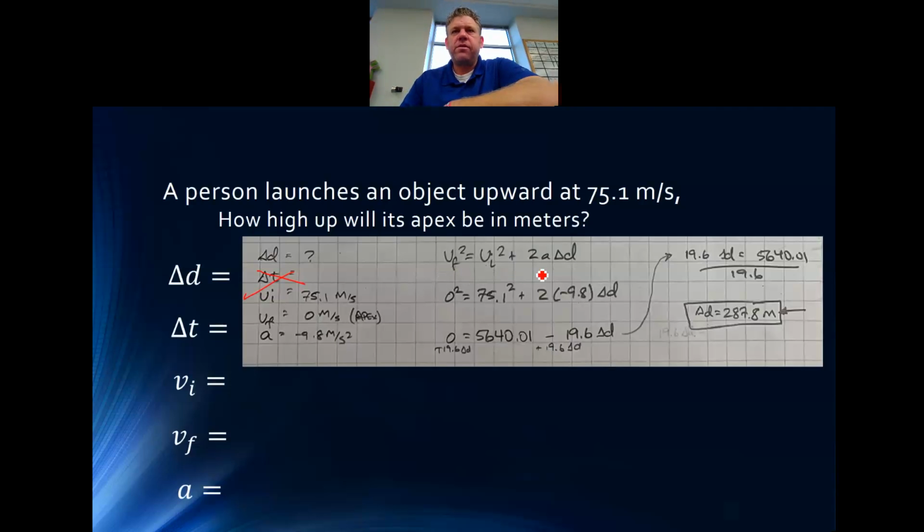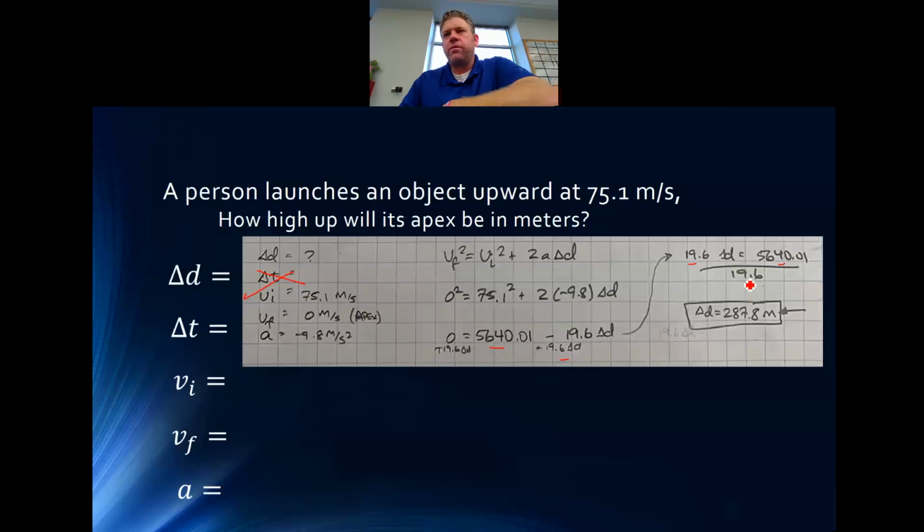So if I put this stuff in, I get 0 squared, 75.1 squared, plus 2 times negative 9.8 times delta D. All right. Move that over so that that becomes positive. I get 19.6, right? That's my 75.1 squared. That's 2 times negative 9.8. I see I got 19.6.